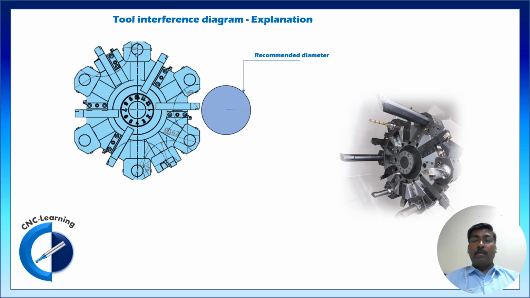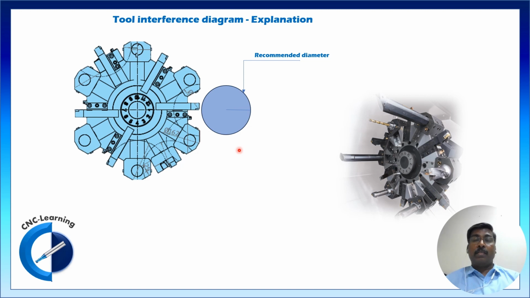Now let us see the kind of interference, and based on the interference, how the diameter is limited. So this is the recommended diameter of the part. Even though the swing over bed and the swing over saddle are higher, and even the maximum turning diameter is higher, why are we still using a lower recommended diameter?